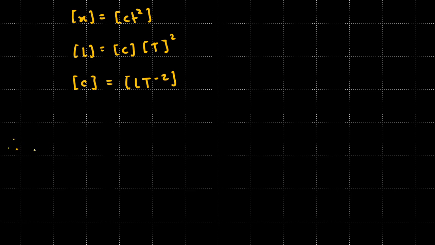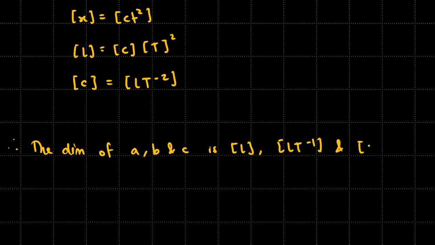Therefore the dimension of a, b, and c is L, L T minus 1, and L T minus 2 respectively.